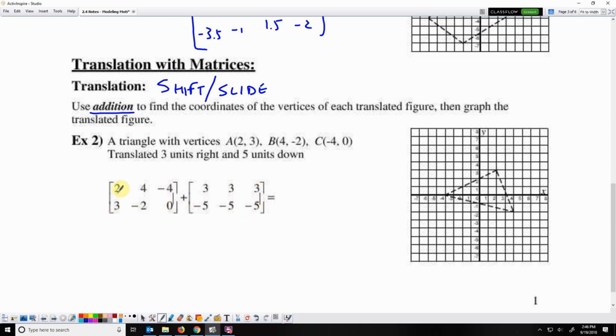We add all of our corresponding elements: 2 plus 3, 4 plus 3, -4 plus 3. And then 3 plus -5, -2 plus -5, and 0 plus -5. So our new coordinates are (5, -2), (7, -7), and (-1, -5).